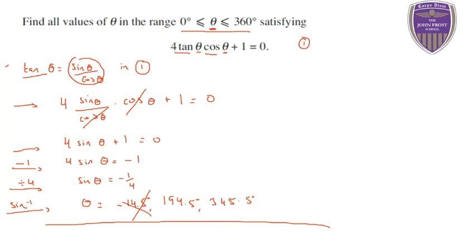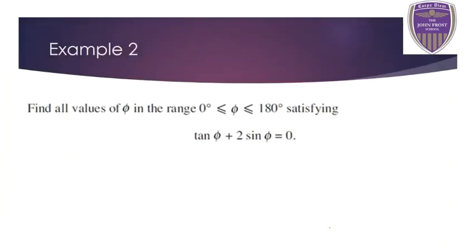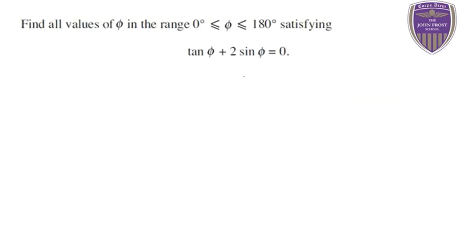So that's type 1. Type 2, this is what I call type 2 equation here. Again, it's on the next slide. And again, I've got tan theta here and sine theta, but this actually is not theta, it's called phi.